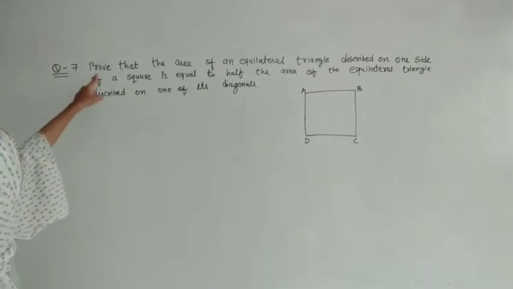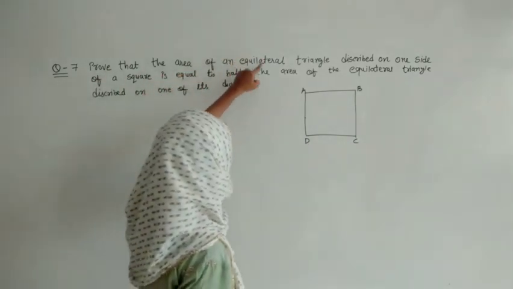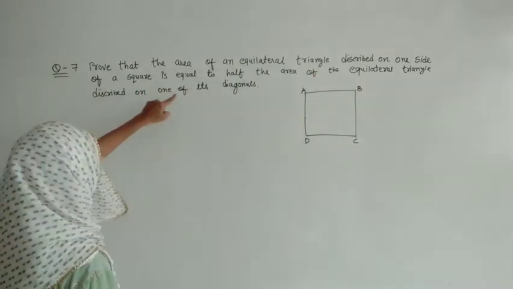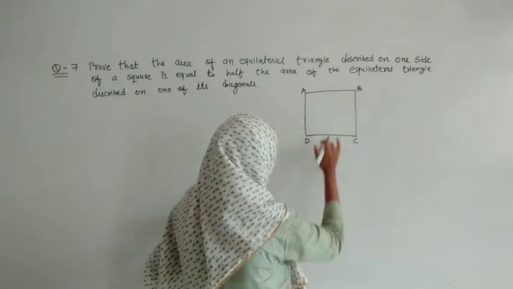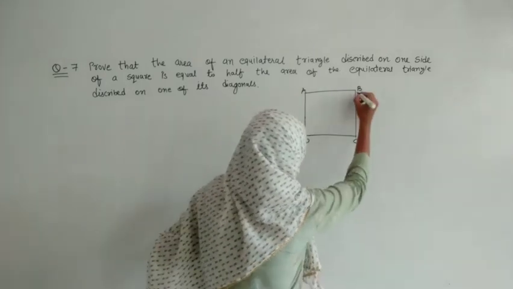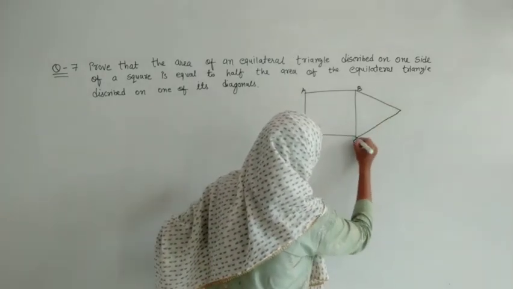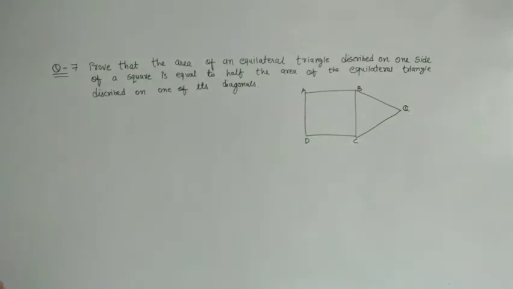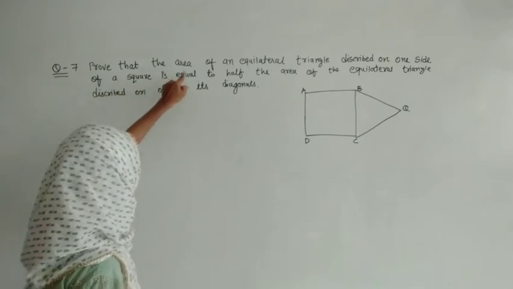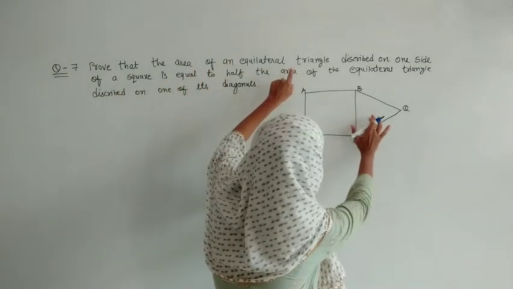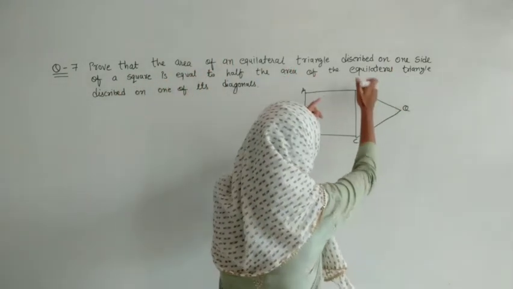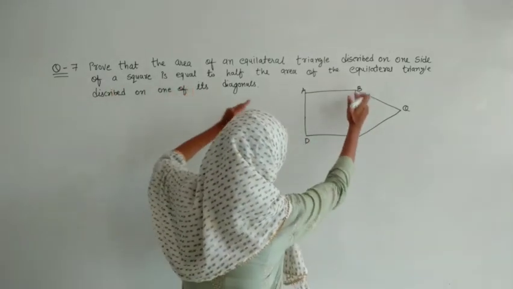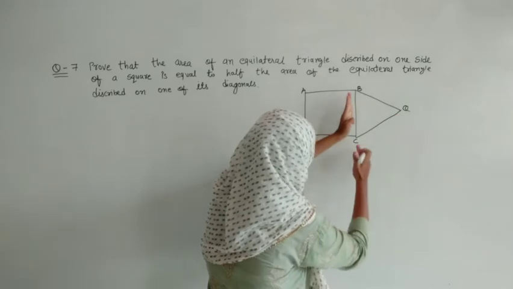Then what they said, prove that the area of equilateral triangle described on one side of the square. So here you can take any side of this square and you have to draw one triangle over here, and you can give it name as anything, whatever you like. So they said that the area of this equilateral triangle which is described on one side of the square, that means a triangle is being formed on a square.